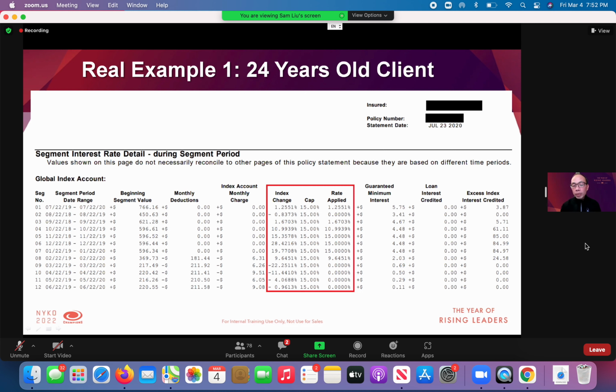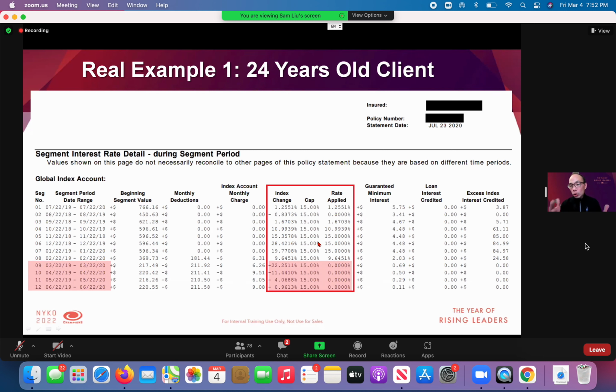But guess what? When it's negative, do you see I don't lose money? Of course, when it's positive, I only get up to the cap. My cap in this example is 15%. I will be very careful here because right now the cap rates are low, so I suggest don't show 15.